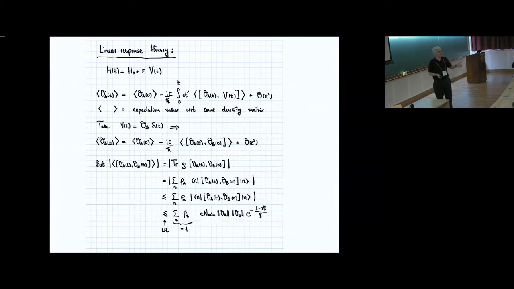That basically tells me, due to the Lieb-Robinson bound, this piece here is exponentially small in the separation between the two operators at early times.